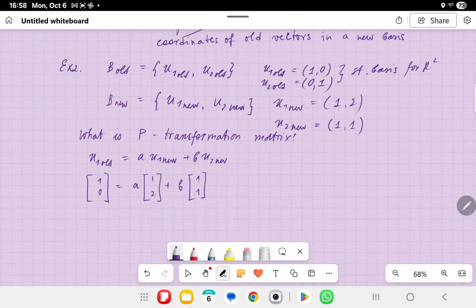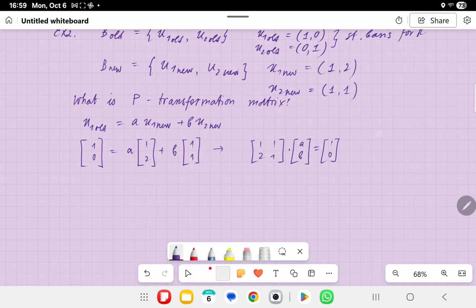I think we can just solve it by elimination or whatever. I'm going to write it down as a matrix. So I have the matrix [1 1; 2 1] multiplied by the unknown vector AB, and my right side is (1, 0).